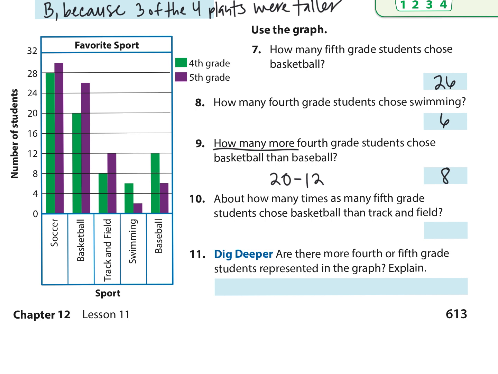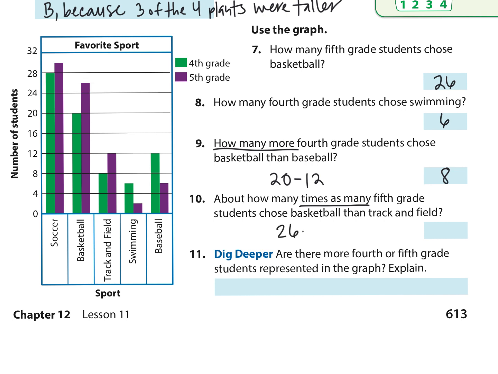About how many times as many? Times as many, that's multiplication. About how many times as many 5th grade students, so we're looking at the second bar, chose basketball than track and field? How many 5th graders chose basketball? 26.